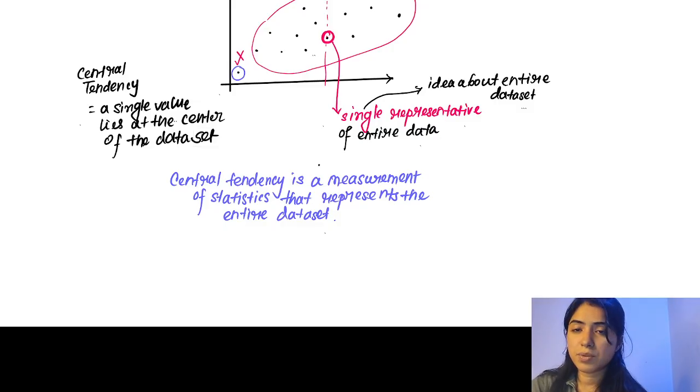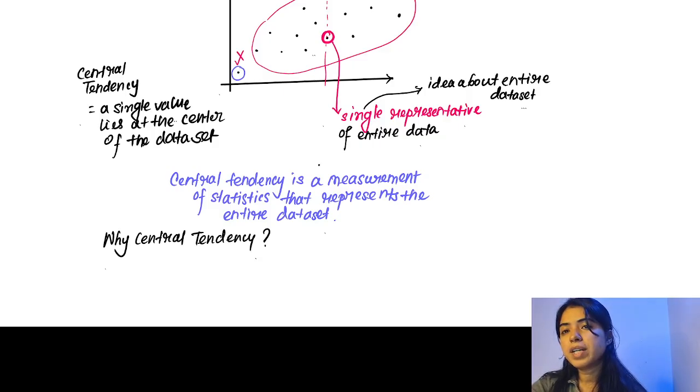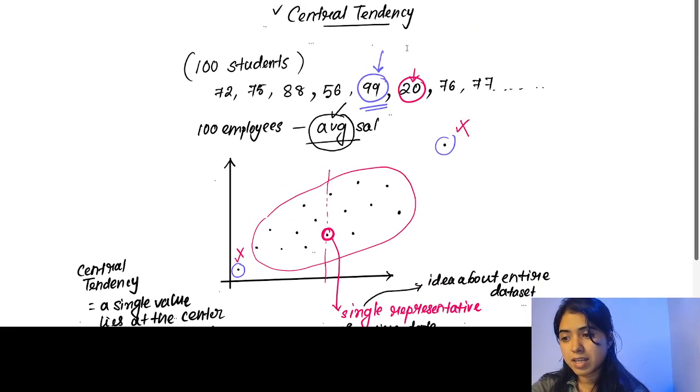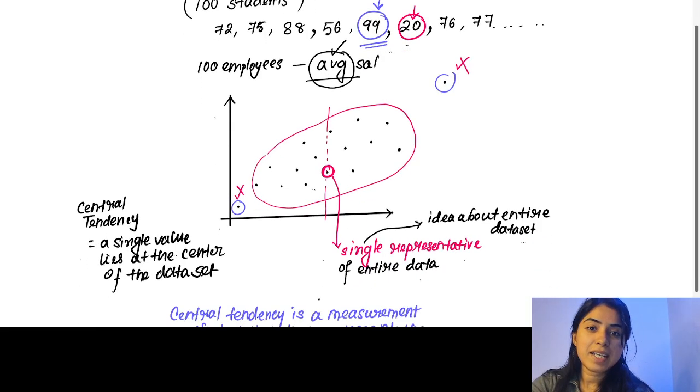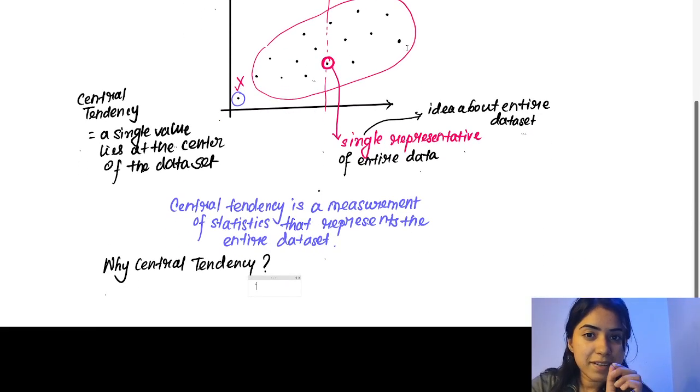Now, why central tendency? Whenever we have a large data set and want to summarize it, I can simply tell you the central tendency measurement so that you can get an idea of the entire data set.